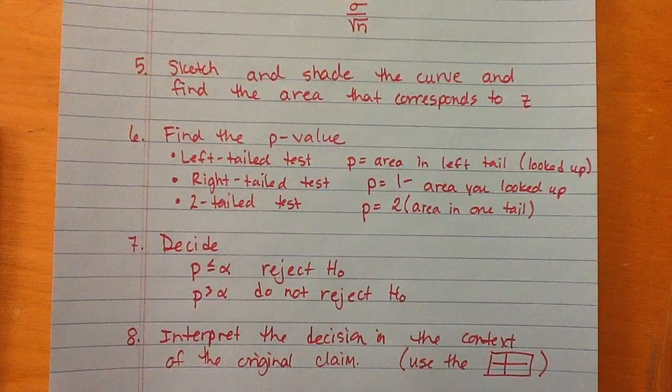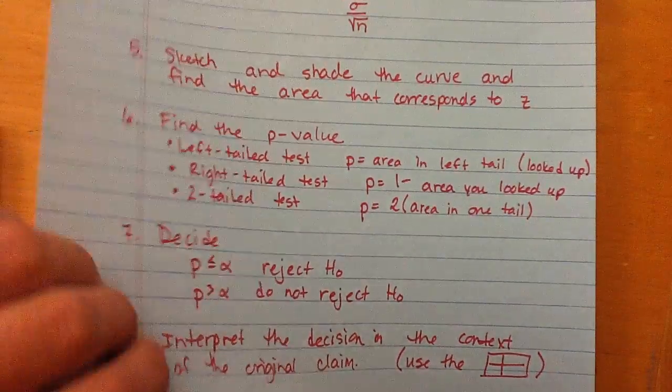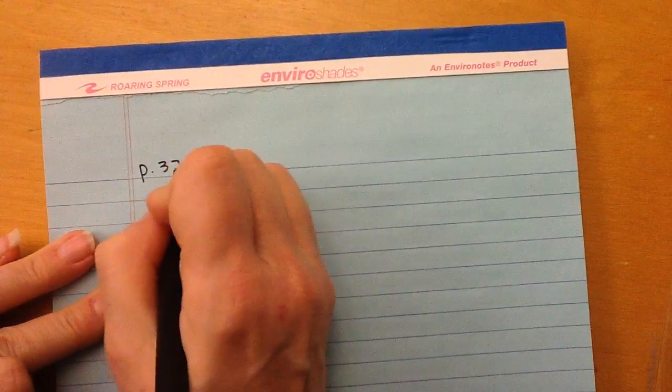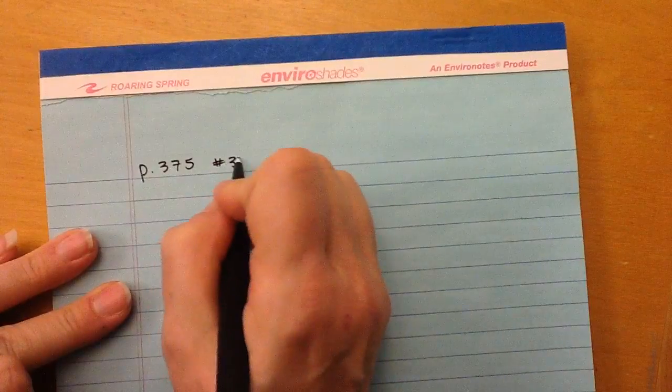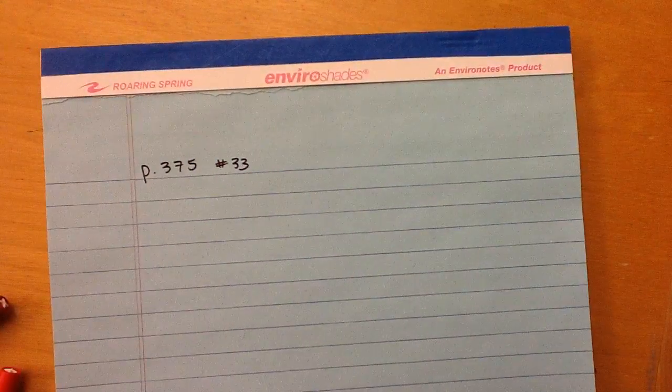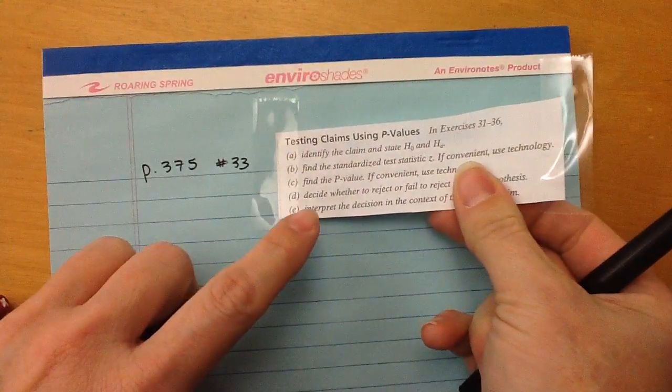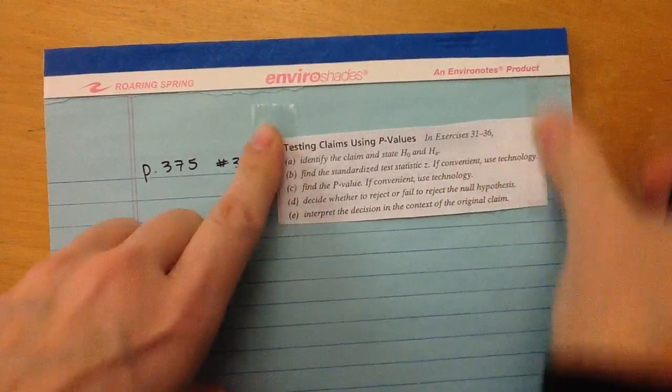Okay, the next thing I want to do is do an example all the way through. So we're going to do number 33, that's on page 375. So I'll put the instructions here so we know all the things we have to do.